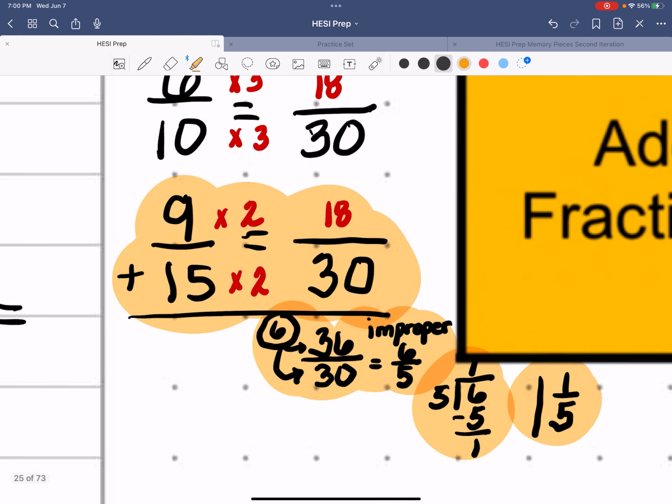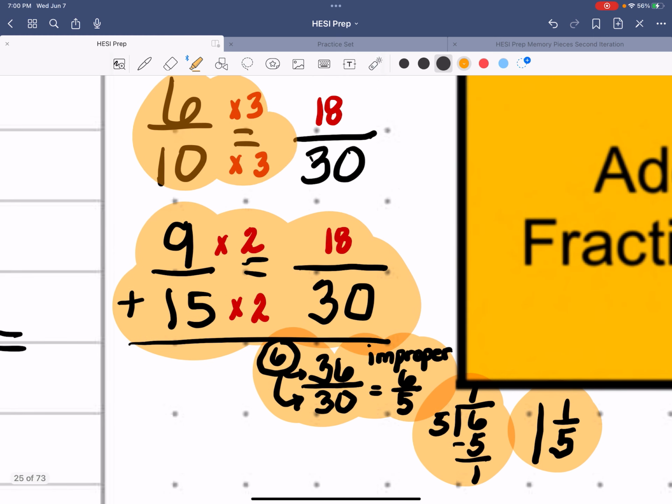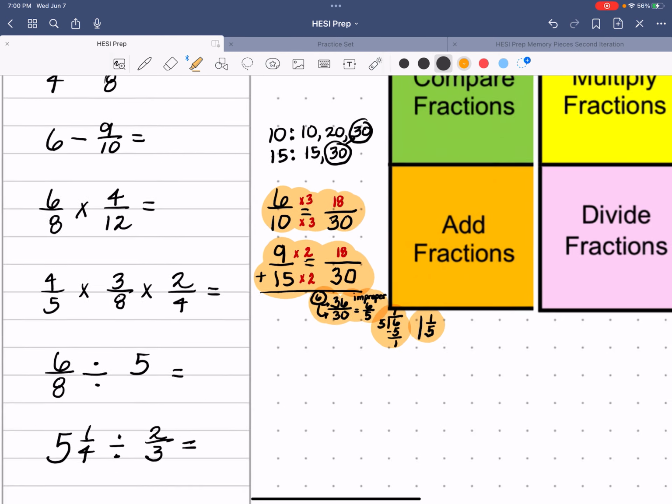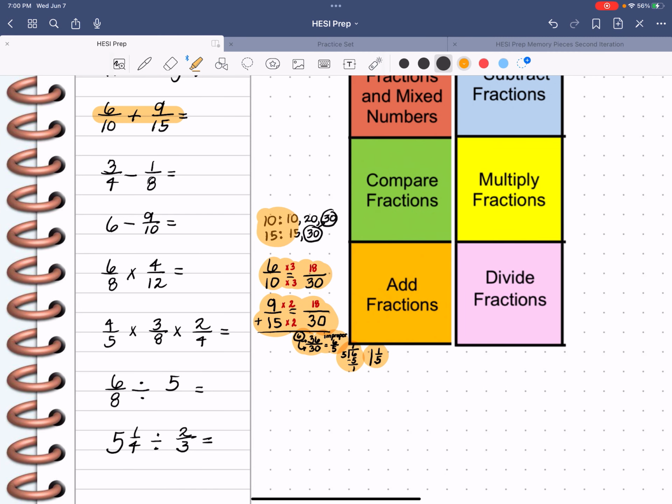I would much rather do it the decimal way. But if they want us to do fractions and they're forcing us to, that is how you would add fractions. All of that goes into adding those two little fractions. You must have a common denominator.